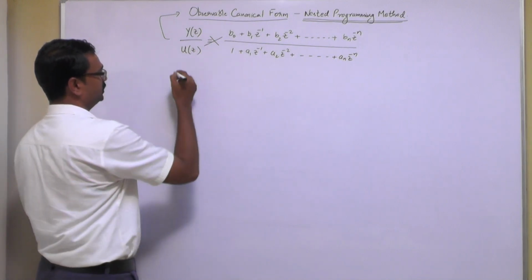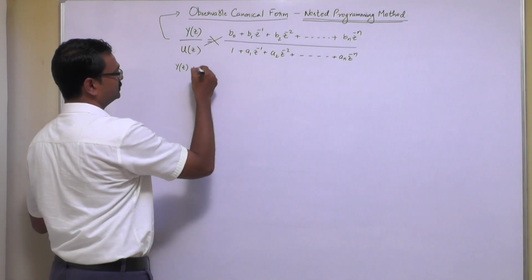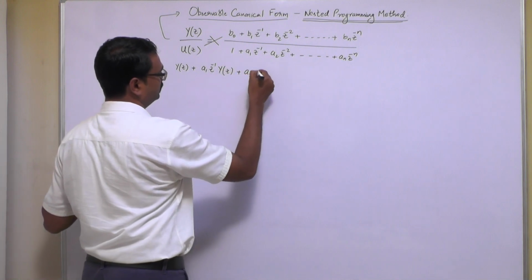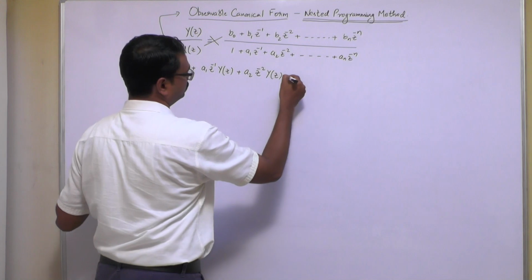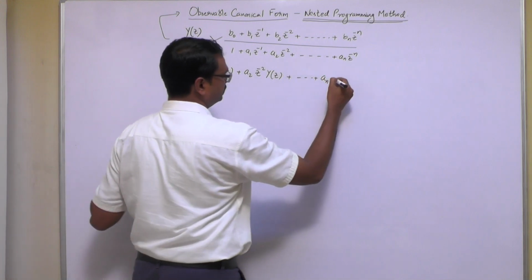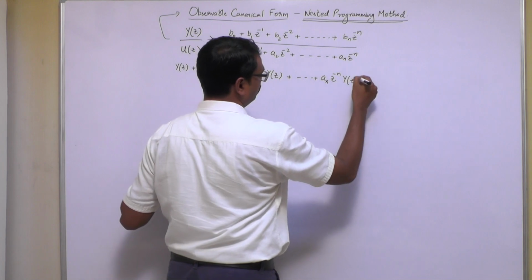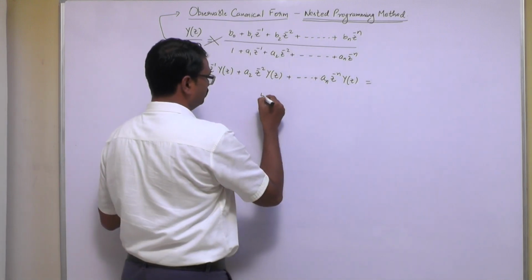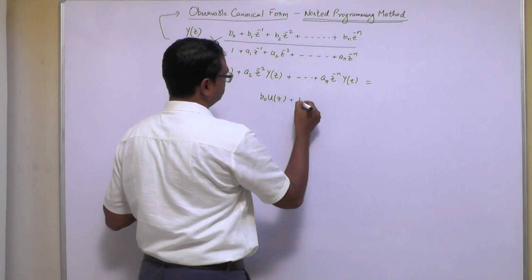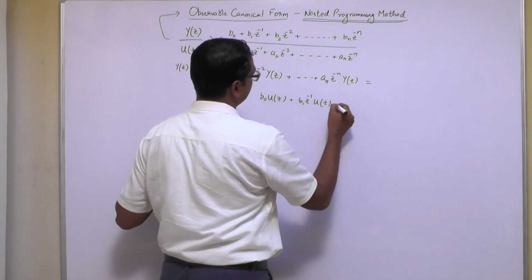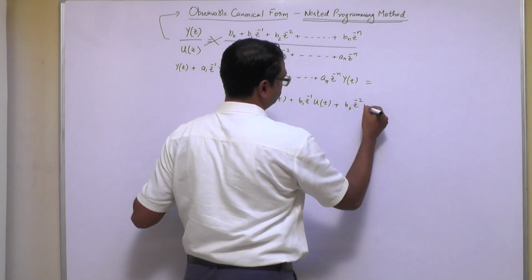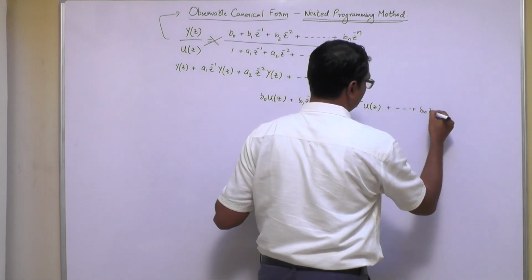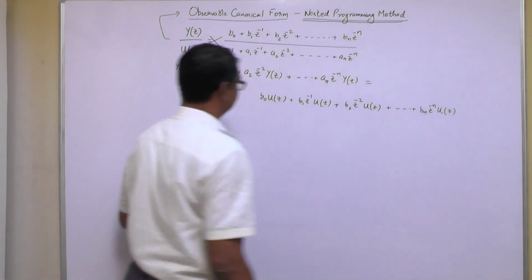If you cross multiply on both sides, we will be having Y(z) plus a1 z^-1 Y(z) plus a2 z^-2 Y(z) plus so on an z^-n Y(z), which is equal to b0 U(z) plus b1 z^-1 U(z) plus b2 z^-2 U(z) plus so on plus bn z^-n U(z).